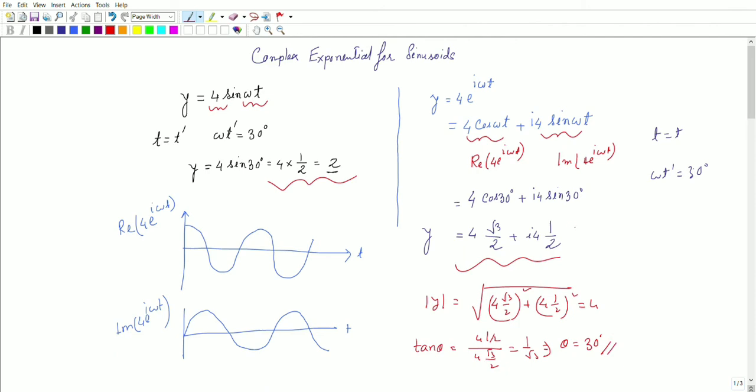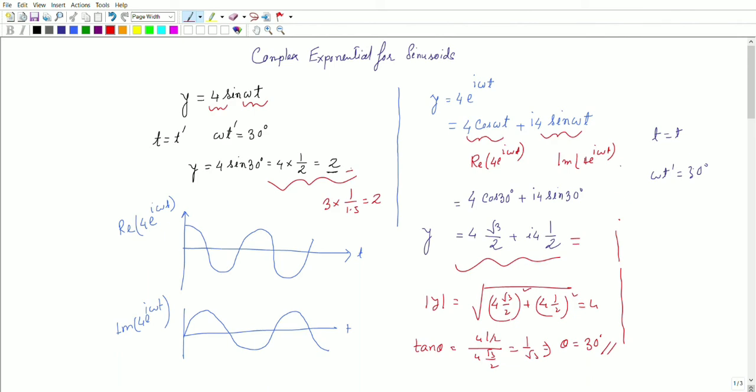From this expression we can obtain the amplitude and phase, but from the value 2 we cannot, because if you multiply 3 into 1 by 1.5, then also you will have 2. So there we have completely lost the information about the phase and amplitude, but in the complex exponential form this information is still there.